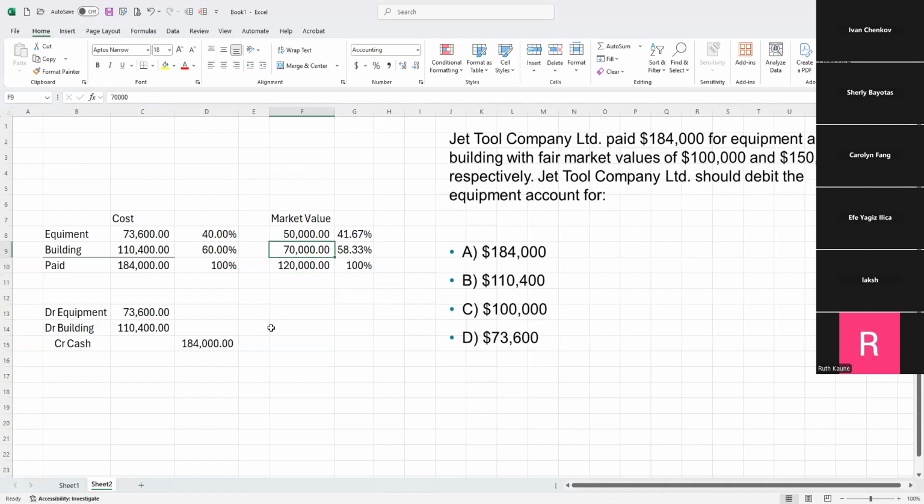Or let's get something more, 80,000. What do you think? Trying to find something which is a round number. Can I go this direction?